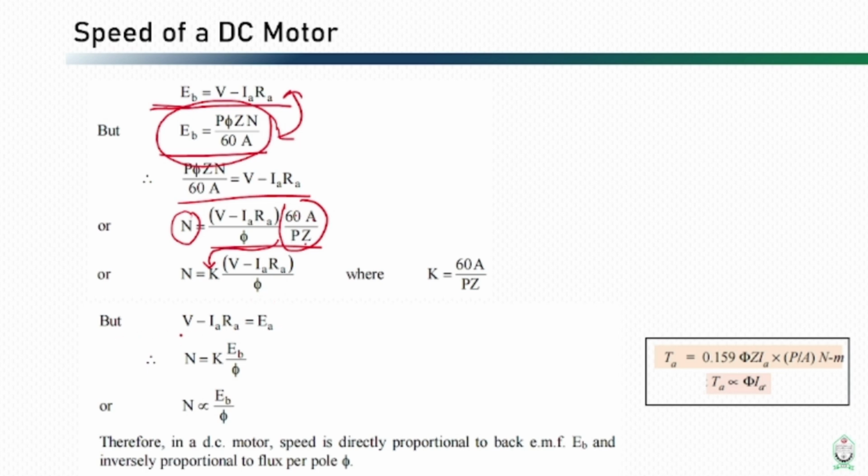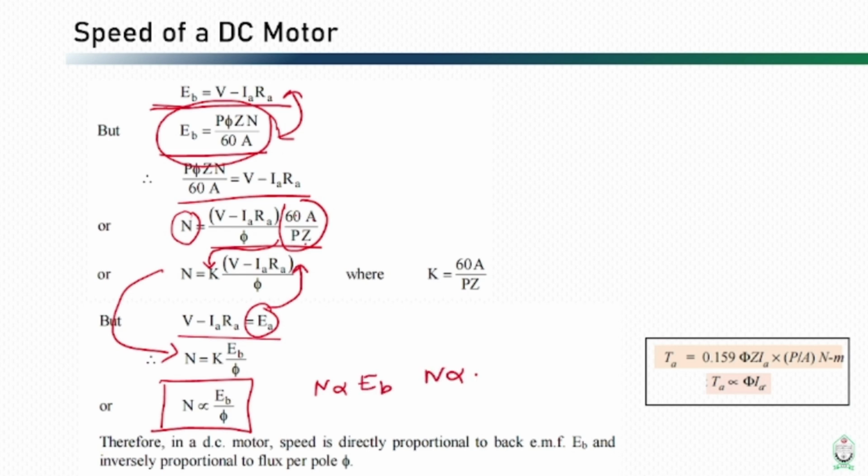But we know that V minus I Ra is the back EMF, and by replacing Eb back into this, we get this. So the final line for the speed of a DC motor is that it is proportional to our back EMF, and inversely proportional to the flux phi.